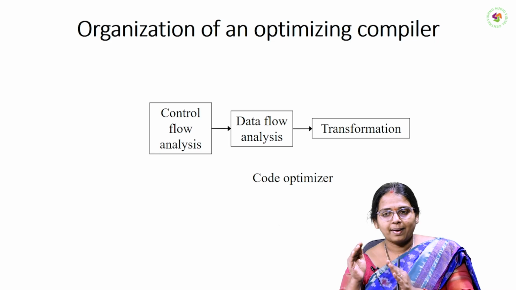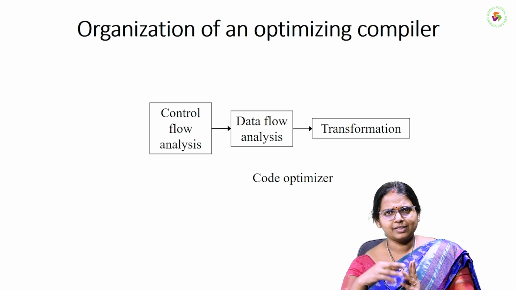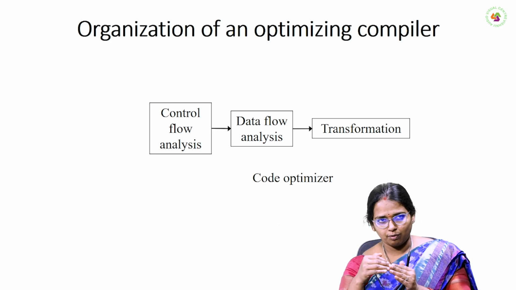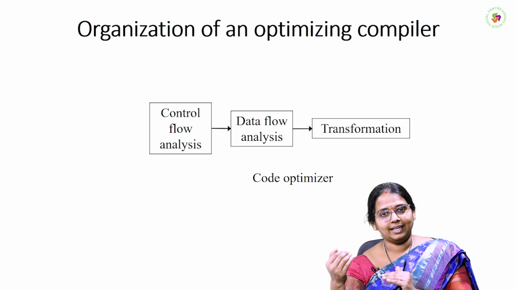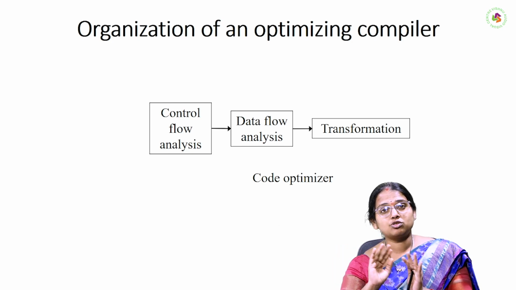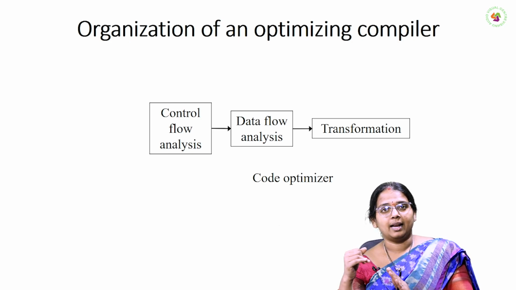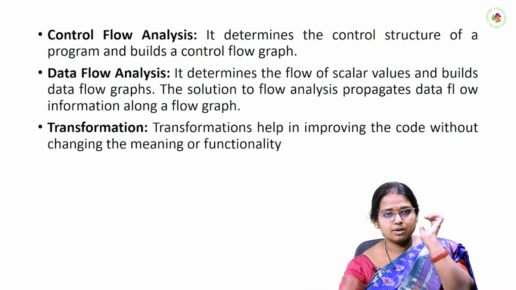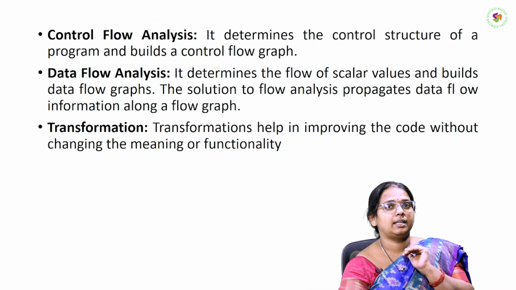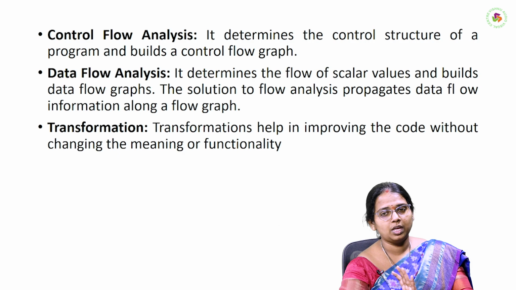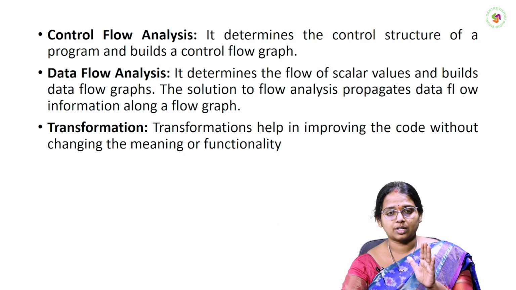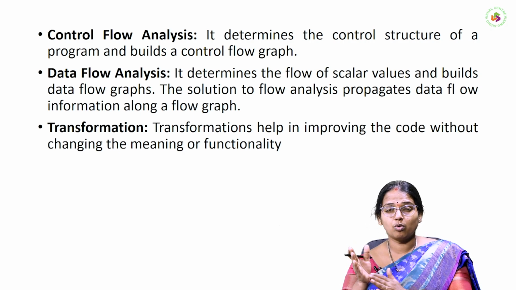The optimizing algorithm is organized as follows: first it analyzes the control flow, then it goes for data flow analysis, and after these two analyses it goes for transformation. Control flow analysis decides the control structure of the program, how the flow graph goes from one level to another.